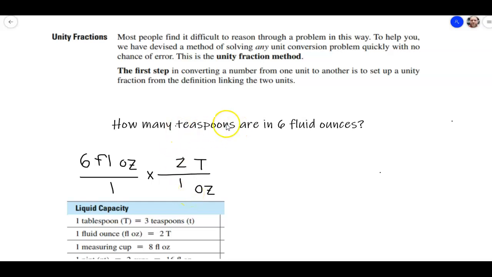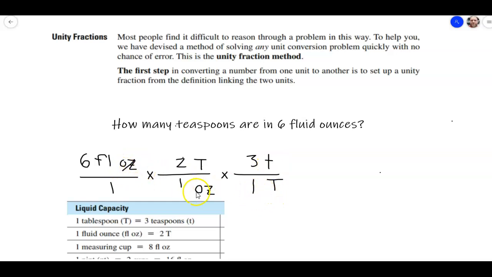But remember, I want my final answer in teaspoons, so I can set up another unit conversion. I want to get rid of the tablespoons, so I want tablespoons down here. And I know that 1 tablespoon is equal to 3 teaspoons. So this is also a unit fraction.